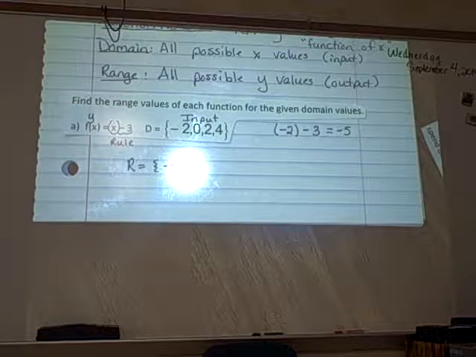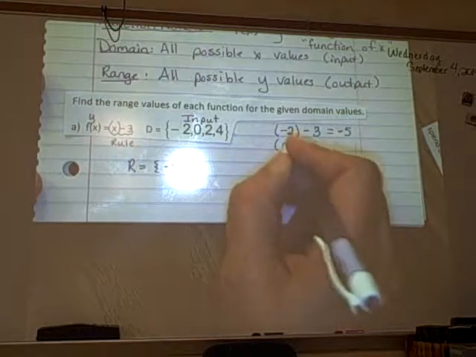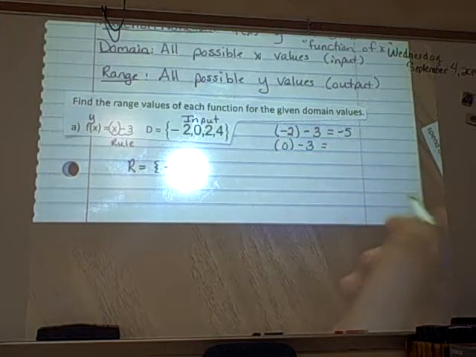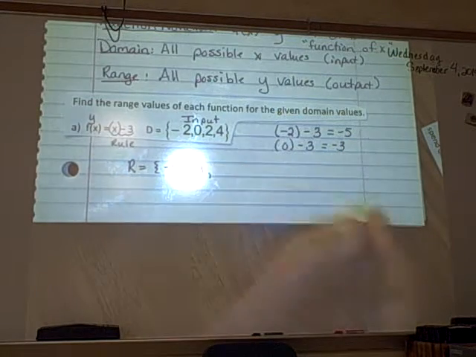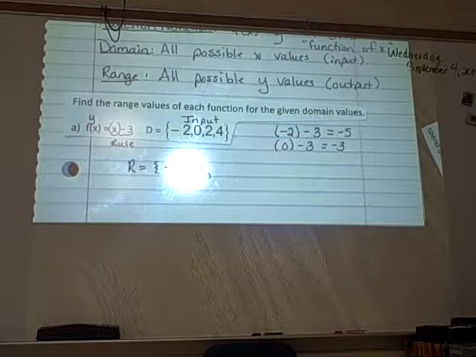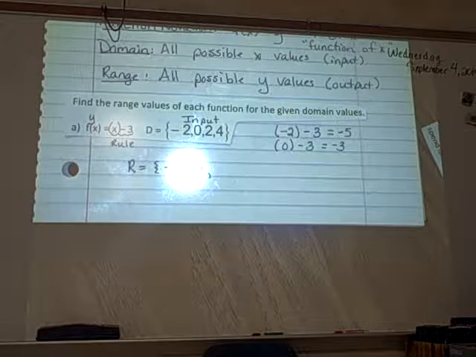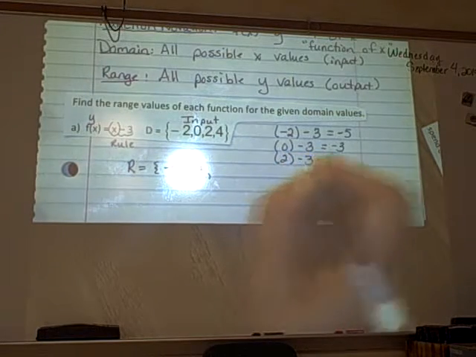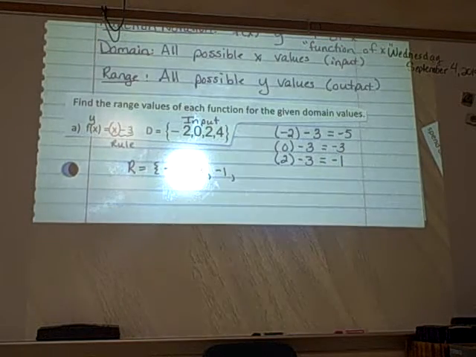What's my next input number? 0. So this one's going to be 0 minus 3. Should be -3. That one should be pretty easy. The next one is 2 minus 3, which is -1.